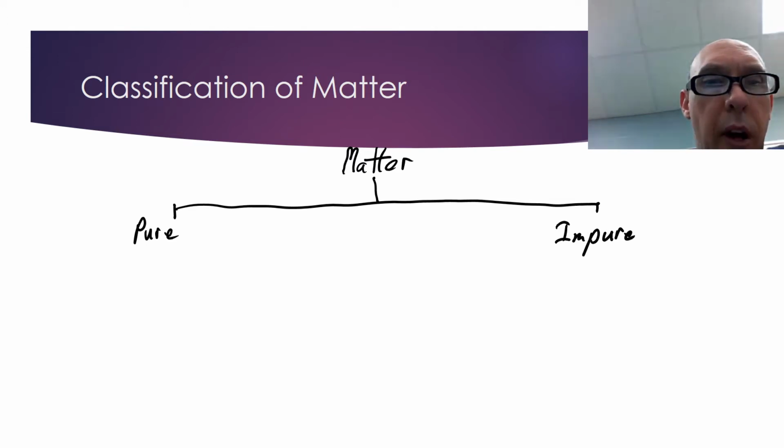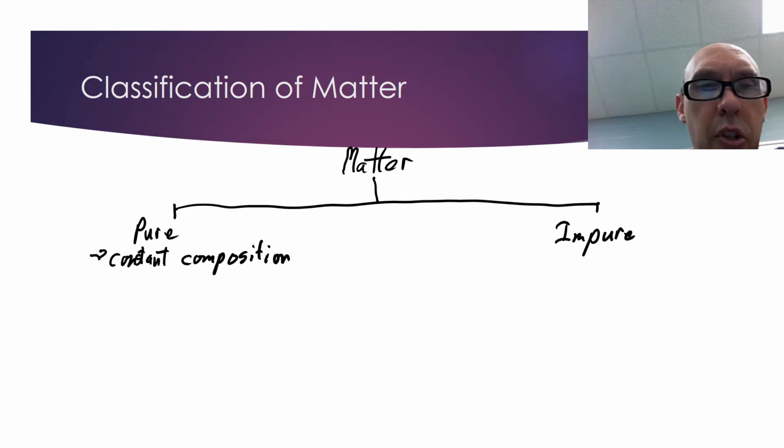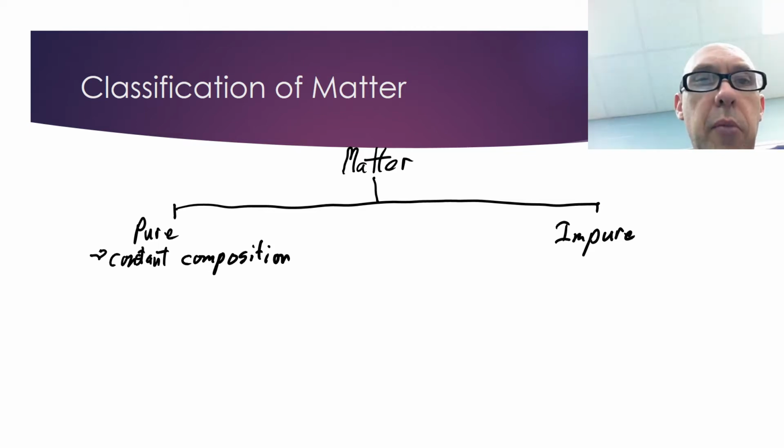One of the ways that we define pure is constant composition. Constant composition means that no matter where you look in the thing, it's exactly the same, and you don't get a choice as to the proportion of things.